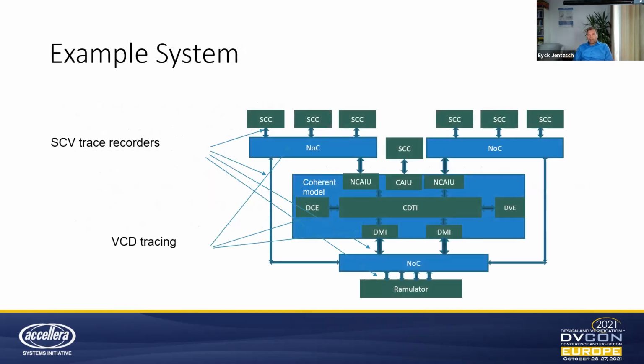As an example system, and hopefully I will still have a few minutes at the end to show some examples of such an analysis, it would be maybe a design that could look like this. What we see here is a number of traffic generators, just signified as SCC. These are components out of the SCC, the SystemC components library. We have here a model of a DRAM from an open source project called Ramulator.